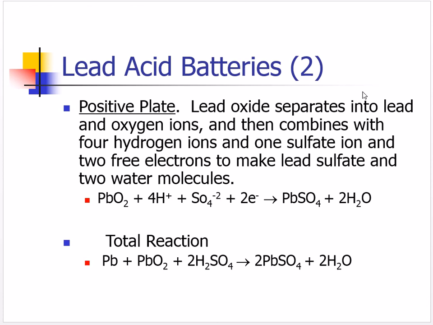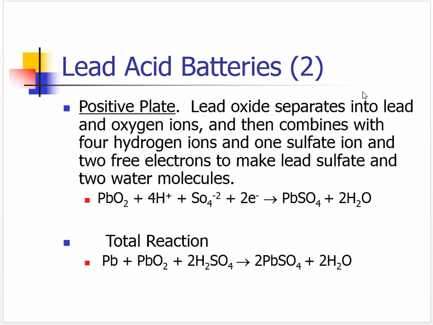So we have the +4 from the hydrogen, -2 from the sulfate, and then -2 from the 2 electrons, and that balances our charges. We end up with lead sulfate on the positive plates, and then 2 water molecules are generated, and that's what's happening on the positive plates. So this gives us the total reaction that's happening as we're generating electricity from a lead acid battery.